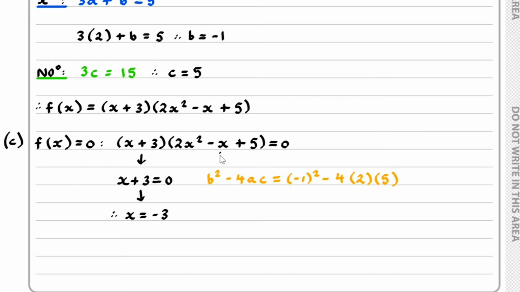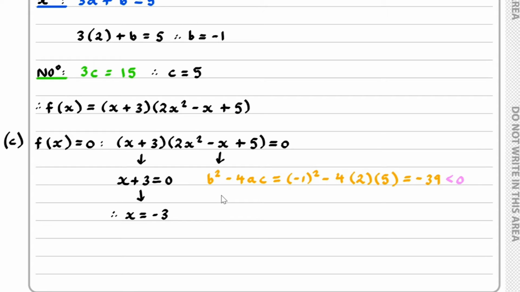And so, if we work out what this is, it turns out the discriminant b squared subtract 4ac is equal to negative 39. And this result here is less than 0.